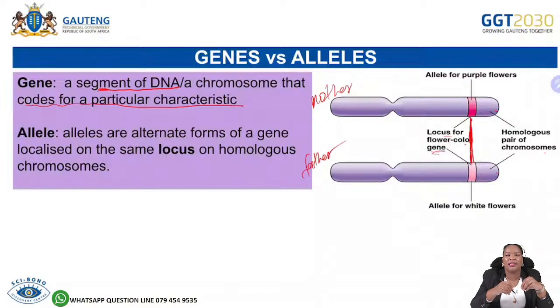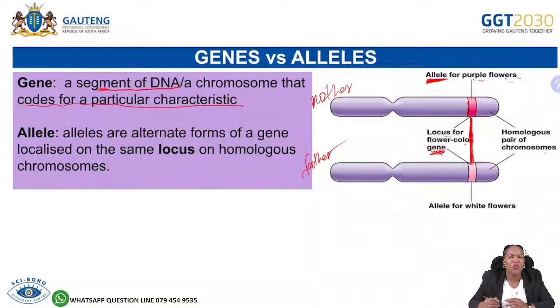You talk about the characteristics in the main, meaning the characteristic, not the allele. We're going to come to the allele. So the characteristic of this gene is the gene that is coding for flower color, but we have not mentioned which color. So you may find that on the mother's gene, the mother has an allele for purple flowers.